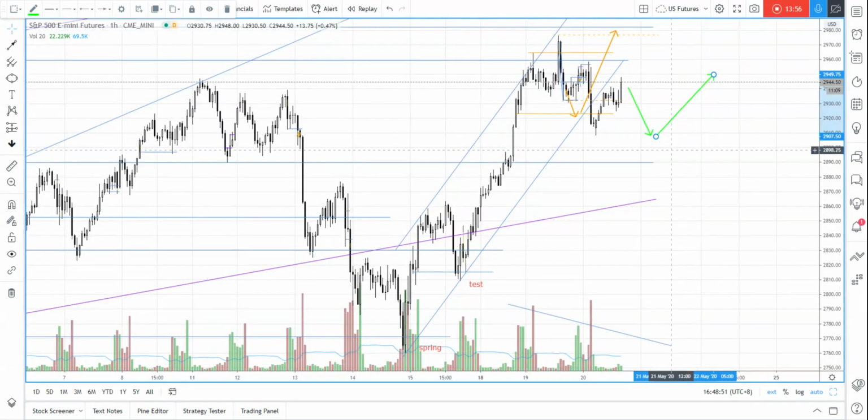The immediate support level, as I mentioned, will be 2920 or 2910 for this non-RTH low, and all the way back to 2890. So these should be the support levels that we pay attention to.